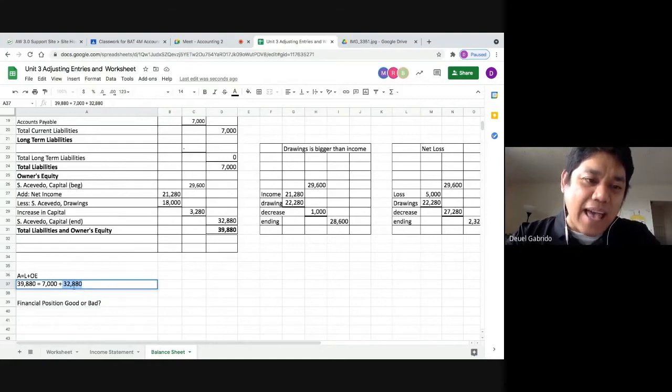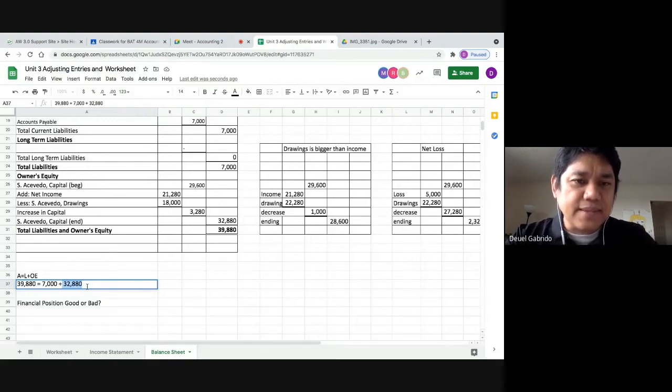So having 32,880 OE, is this a good kind of financial position or a bad one? Remember, that's our lesson last time in the past. Having an OE of 32,880, is that a good financial position or a bad one?